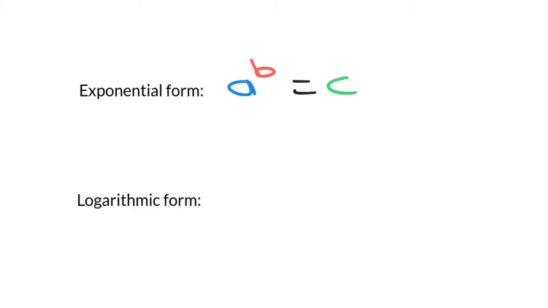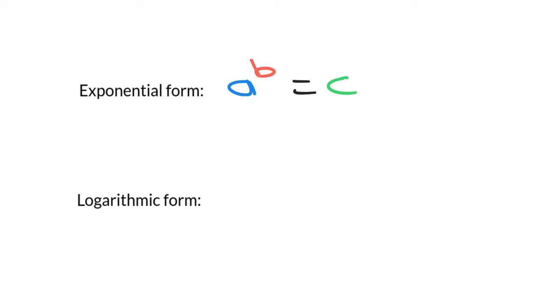So, to start off with, one would have to have an understanding of how to write something from exponential form to logarithmic form. So we've got an exponential form there of a to the power of b is equal to c. So we've got a, the base, b, the exponent, and c, which we're going to refer to as the number.